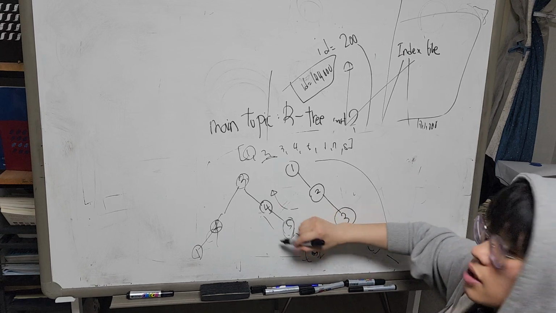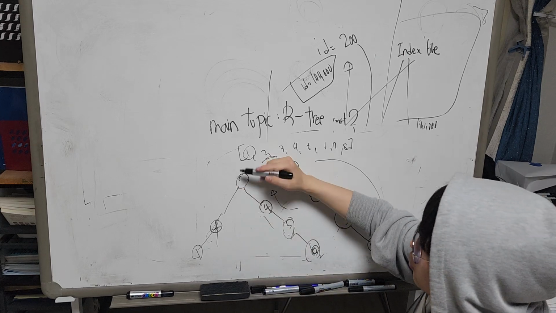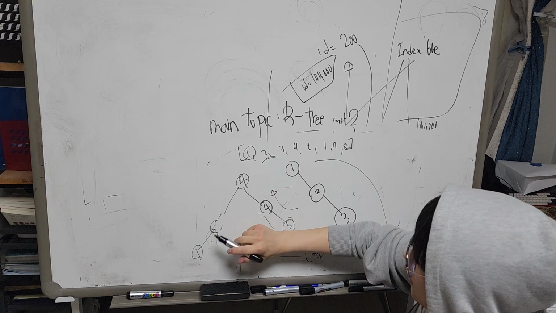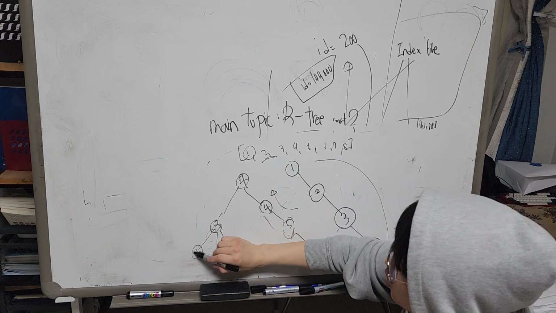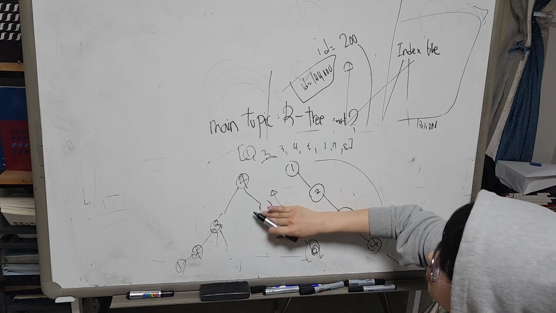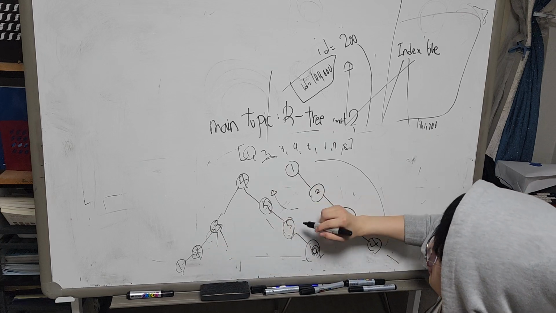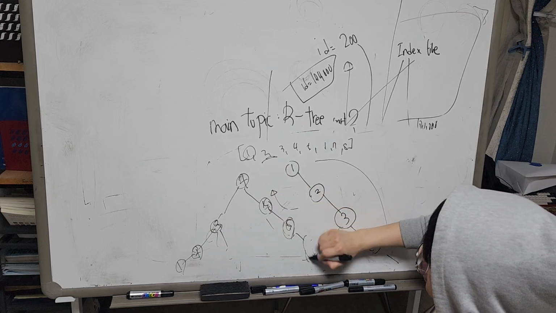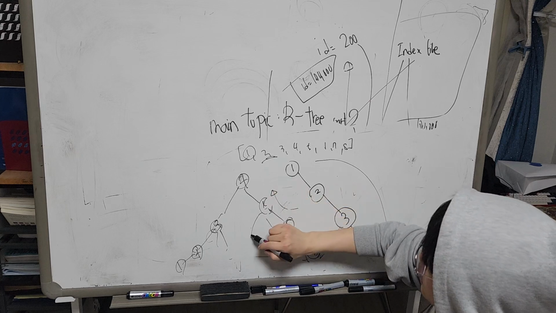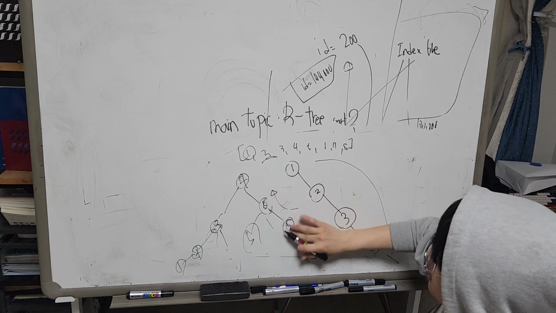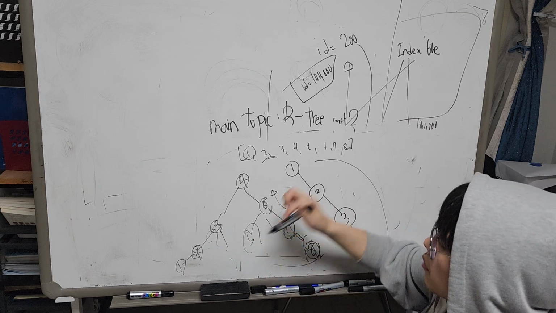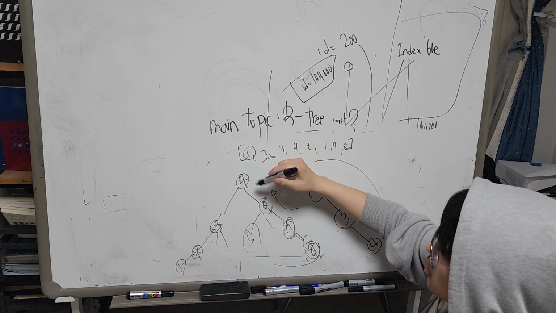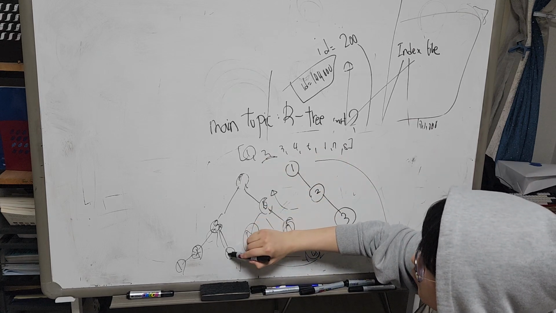Even though it's unbalanced, we can make it like this: 4, 3, 2, 1, and 5, 6, 7, and 8. Whatever.